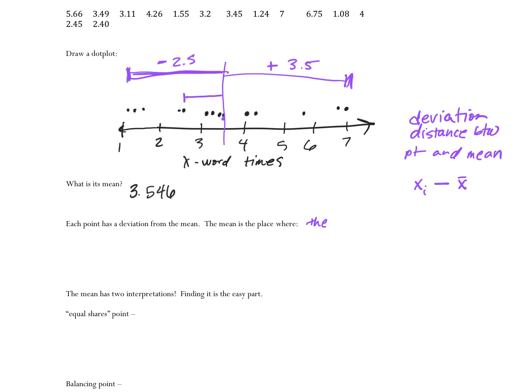So when we talk about the average of the deviations, if everything to the left is negative and everything to the right is positive, and I add them all together, what am I going to get? 0. So we don't just find the average deviation. That's not what the standard deviation is, though in your head you're allowed to think of it that way. But the average of all the deviations is always 0, because we calculate average by adding together and dividing. If they add to 0 and then I divide, I'm going to get 0.